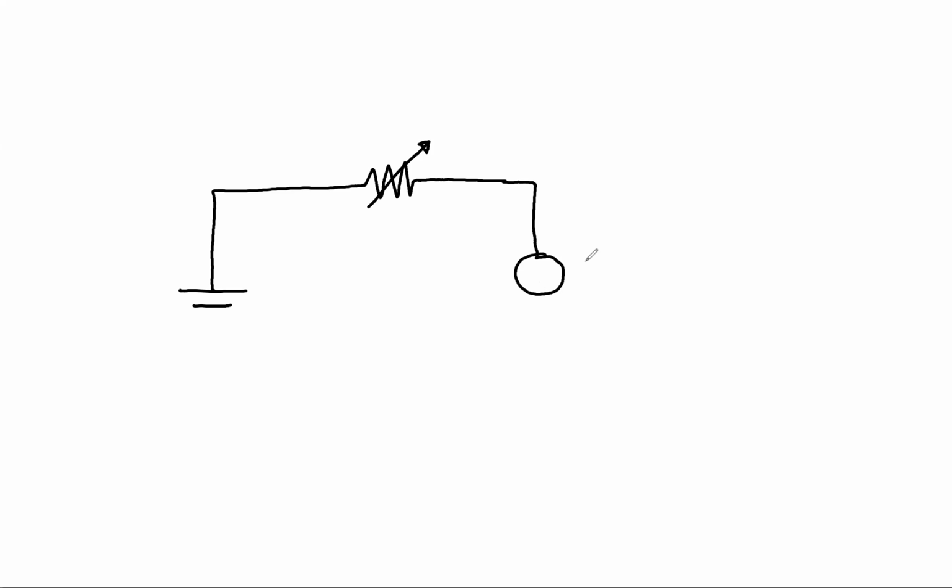In this instance, I'm going to draw a series circuit that I'm going to use to simulate a dimmer. I'm going to use this variable resistor, okay? And I'm going to use a light bulb that is rated for 60 watts.